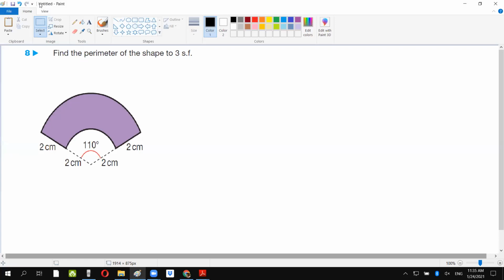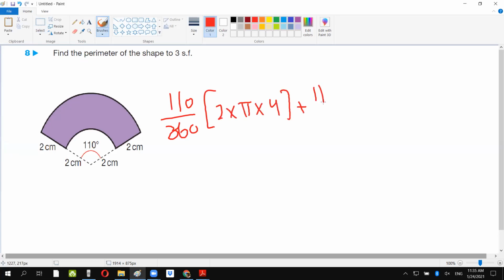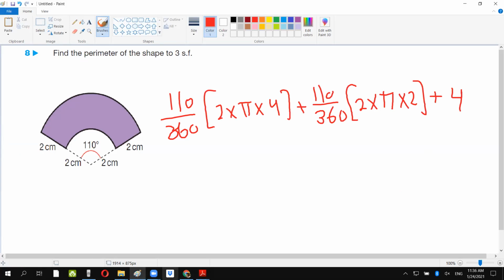Teacher, can't you just undo? I cannot because I made the wrong thing. Plus 4, this was my equation. Now I can share my calculator and make it now.